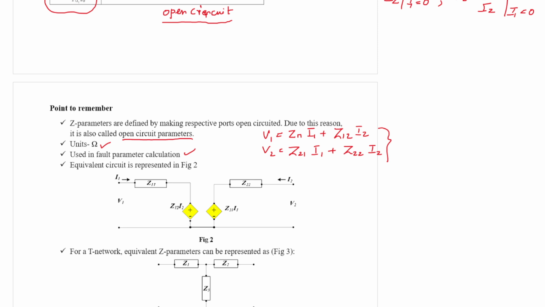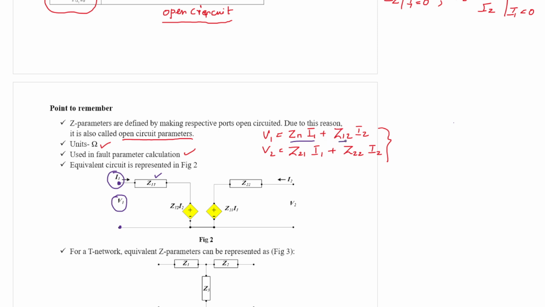Let us say we have an input port V1, which is injecting a current I1. When it injects a current I1, some drop is coming, which is Z11 I1, so that current must be flowing through an impedance Z11.